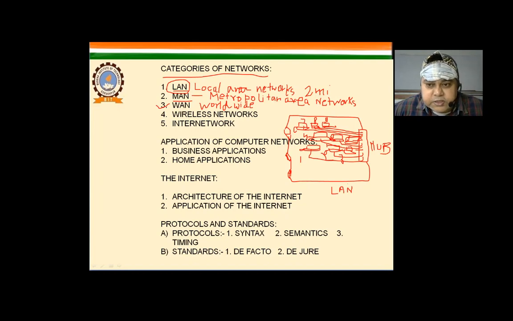The resources to be shared can include hardware such as printers, software, and application programs, or data. It can be exchanged within this local area network.